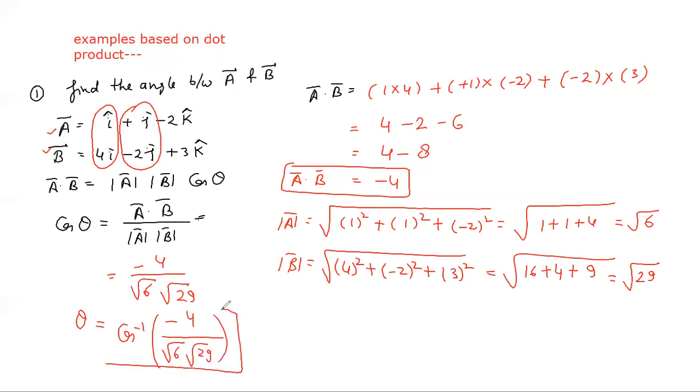This is the final answer if we are asked about the angle between A vector and B vector. Okay, so the first type of example is clear. If we find the angle between A and B, then cos theta equals A dot B upon mod A mod B. Okay, now question number 2.